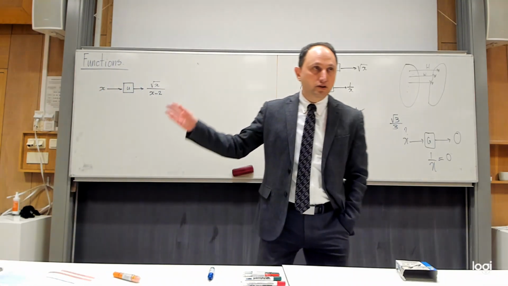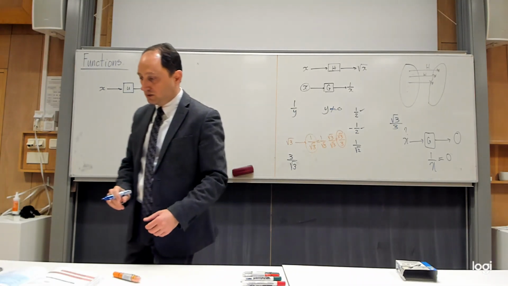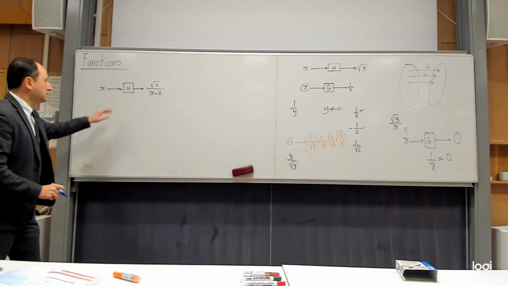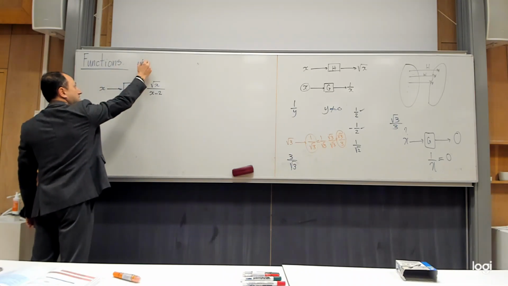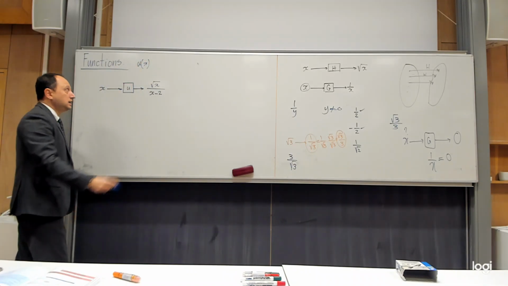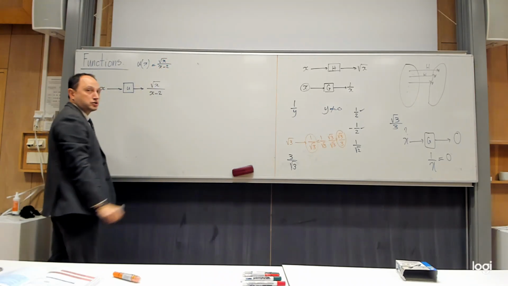If I want to write it mathematically, I would write u acting on x, and it gives me the square root of x over x minus 2.